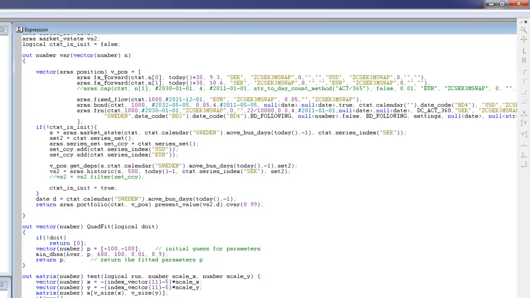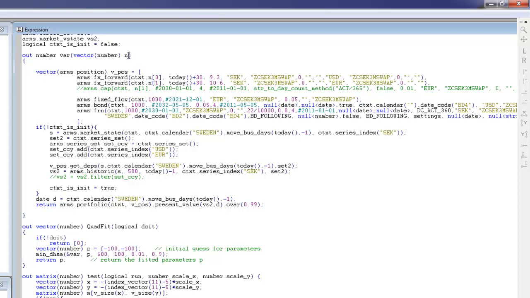Well, we add two FX forward positions, both 1 month in maturity, and we assume that we get to trade dollar SEK and euro SEK forward with 1 month maturity. But we don't know how large these positions should be.